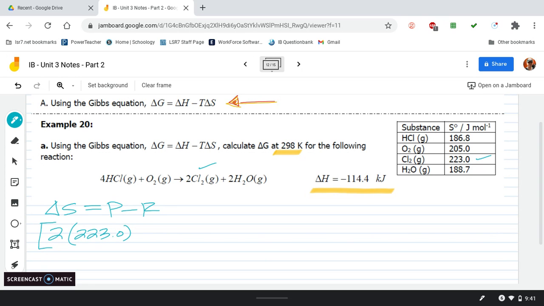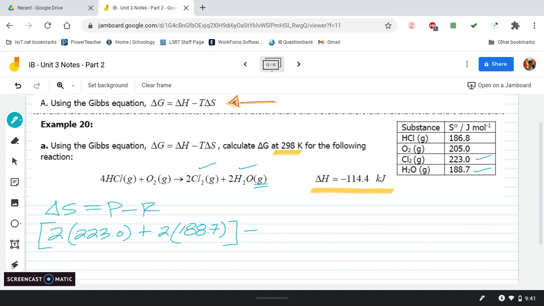Then we're going to add that to the water. That's water vapor, so we're looking for water as a gas, right here. So 2 times 188.7. Okay, so there's your products.